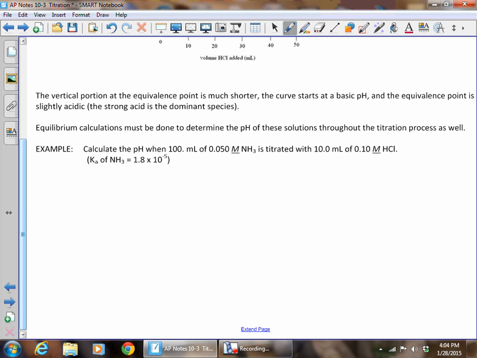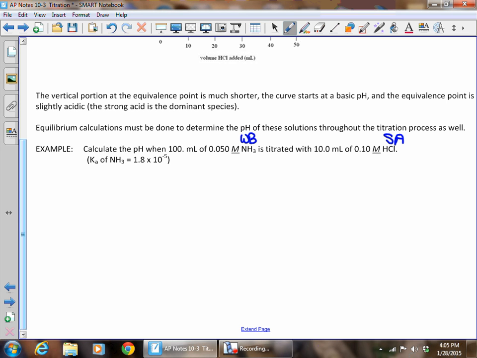The first thing you want to do, remember, in any kind of equilibrium problem is to determine what kinds of substances are involved. In this case, we've got a weak base and a strong acid. As soon as we've got one base and one acid in the system, we are dealing with titration. And since it is a weak base, and with a strong acid, we can focus now on what we're going to have to do.